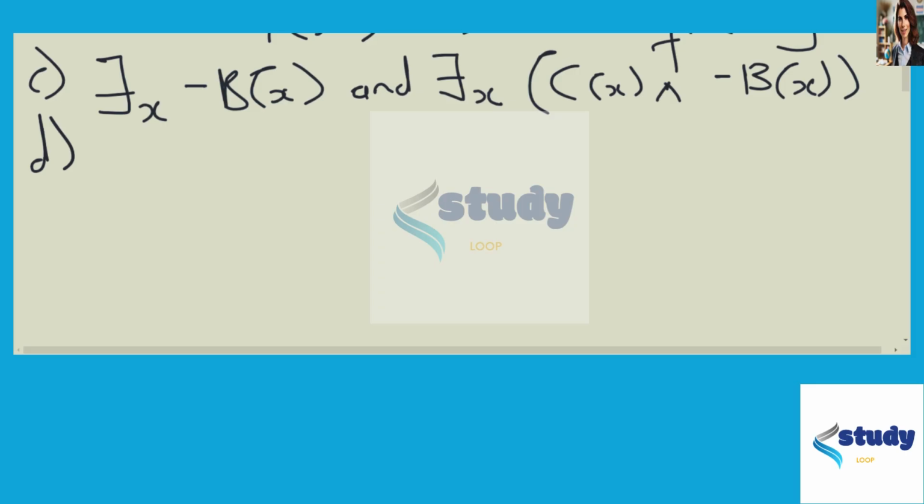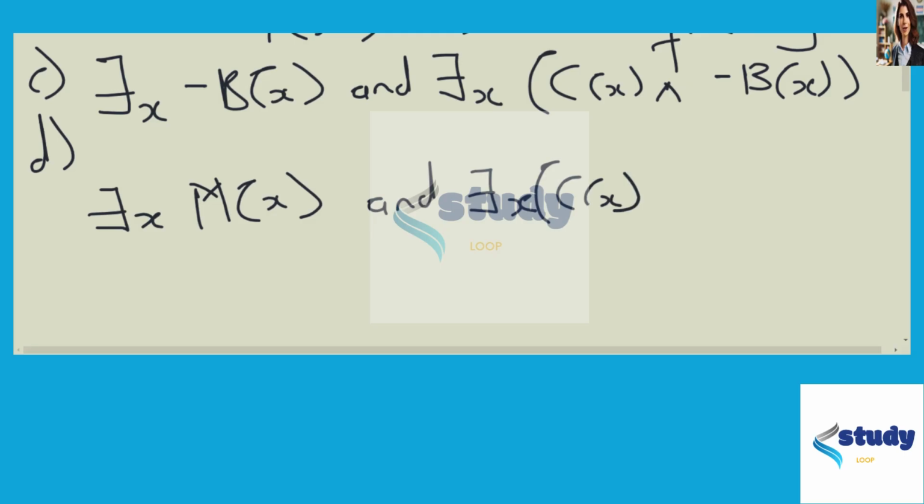So it's going to be there exists some x where M(x), and there exists some x for C(x) conjunction M(x). In this situation as well, M(x) means x has been in a movie.